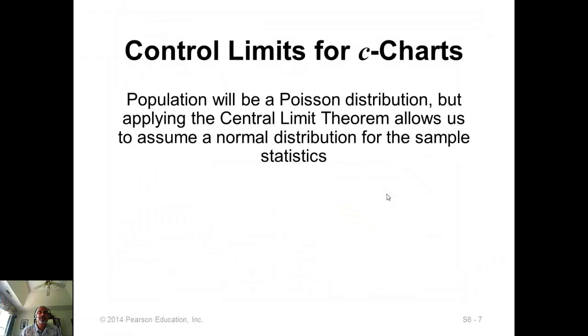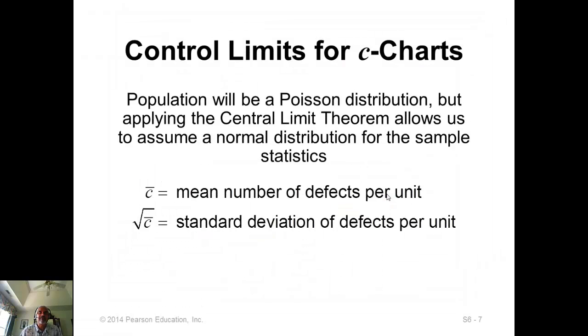Now the control chart for C is developed using the Poisson distribution, and the formula is pretty simple. C bar plus or minus Z times the square root of C bar, where 3 is because we want 99.73% control limits. If you wanted 95.45%, then this would be equal to 2.